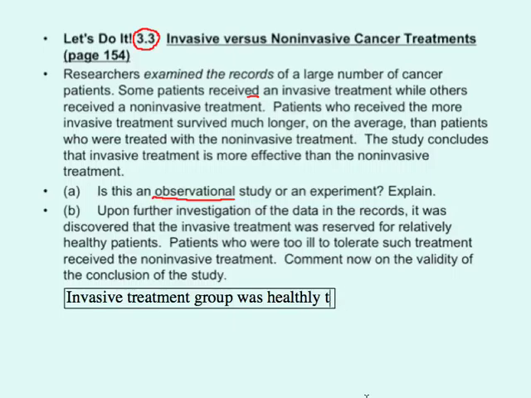Healthier, so let's say there, healthy. I can't remember how it's spelled. You guys fill in the gaps for me there, okay? So if they were healthier to start than the non-invasive group, then they already had a much better chance of survival even before they had any sort of treatment.